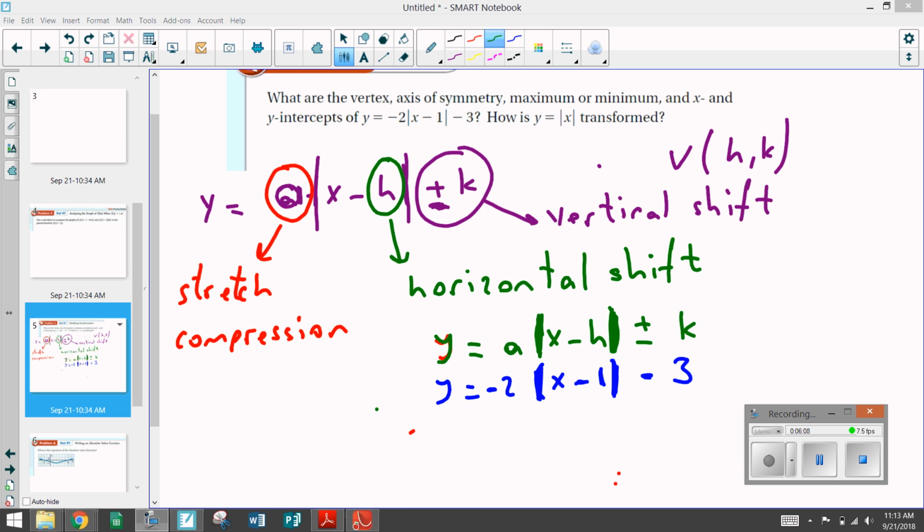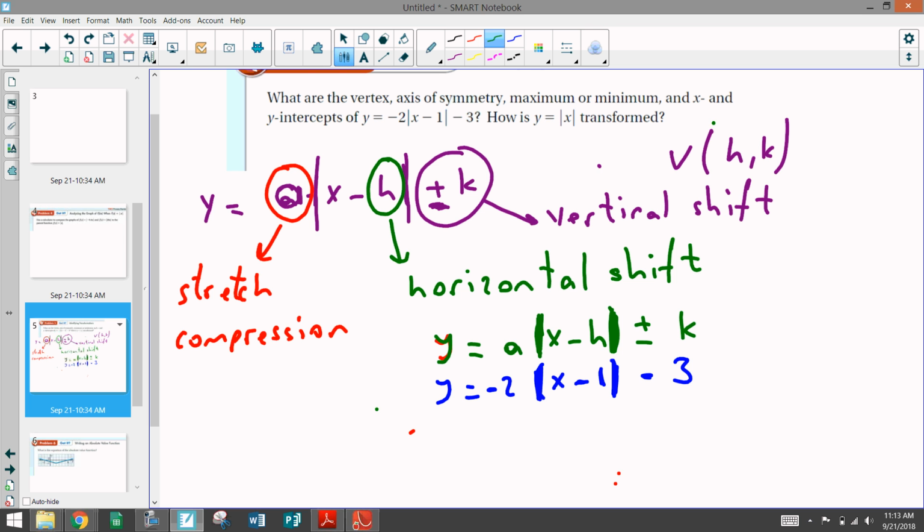Now we identify the vertex right here. The vertex is h and k, right? What was h? And then k is negative 3. It's in the question, see? Matches.